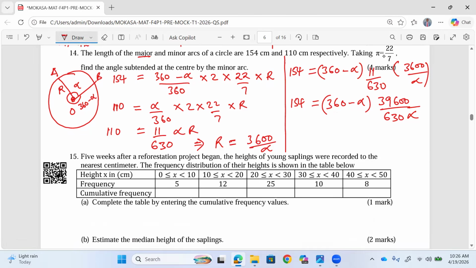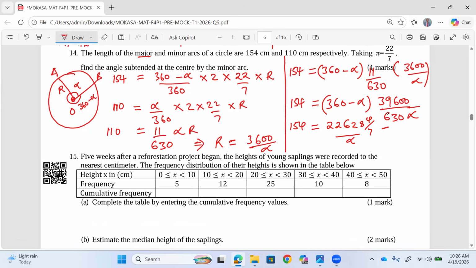Remember we're already having 154 here. At this point, we are having 22,628 and 4 over 7, over alpha, then minus.